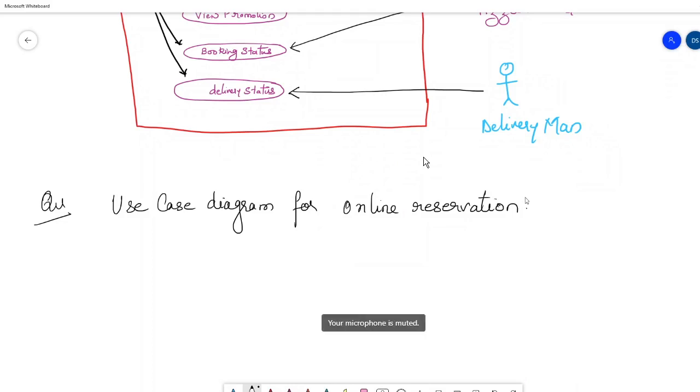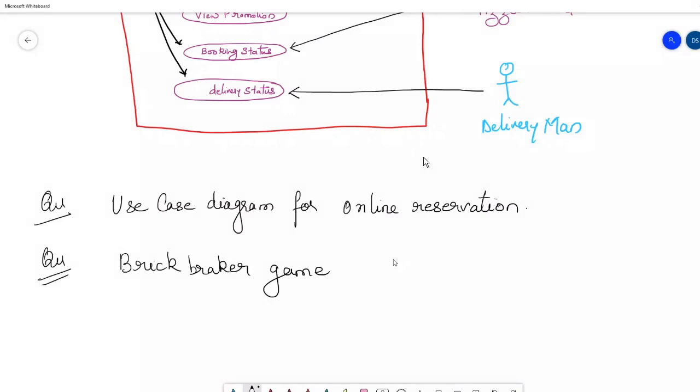And there is a brick breaker game, you would have seen it. Just make a use case diagram for the brick breaker game: how do you play it and increase your scores? Try to make these two, and we'll discuss this tomorrow, and we'll be designing all these diagrams in the lab session also. If there is any doubt, you can ask.